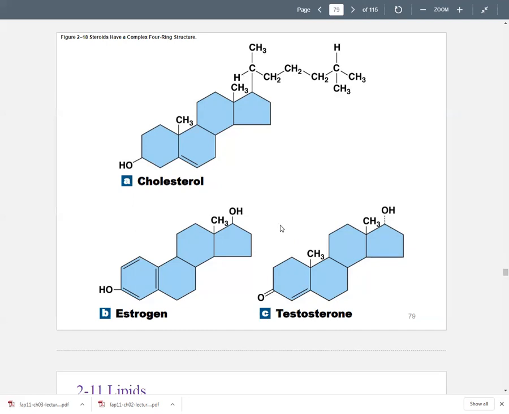So I'm probably not going to ask you to tell me the difference between estrogen and testosterone. You might need to know that one is more commonly found in females than males or vice versa, but understanding the differences in the fine details in their structure, I wouldn't worry about that. You just need to know if you see the 4 rings, it's a steroid.